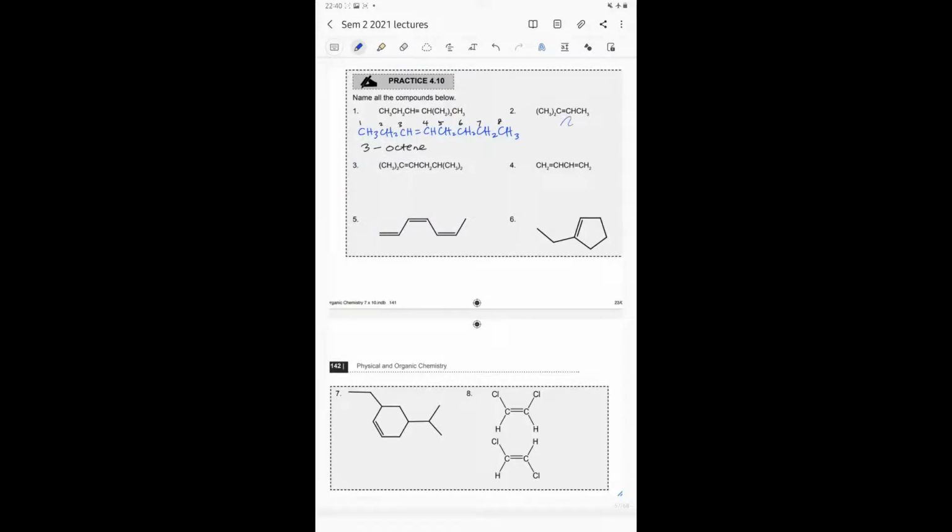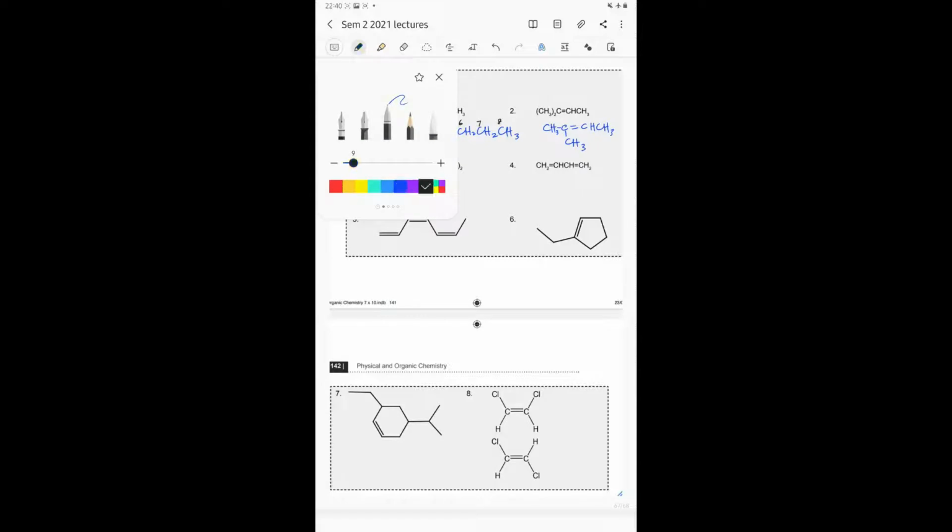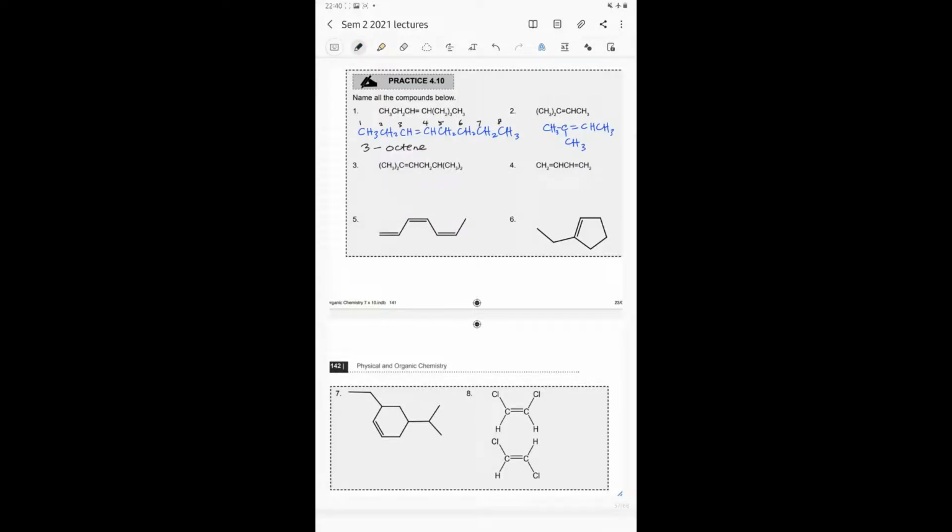Next, let's draw. Expand a little bit of the structure. So we have CH3, CH3, CH3 2 means we have 2 CH3. Which one will be carbon number 1? Is it from the left or from the right?